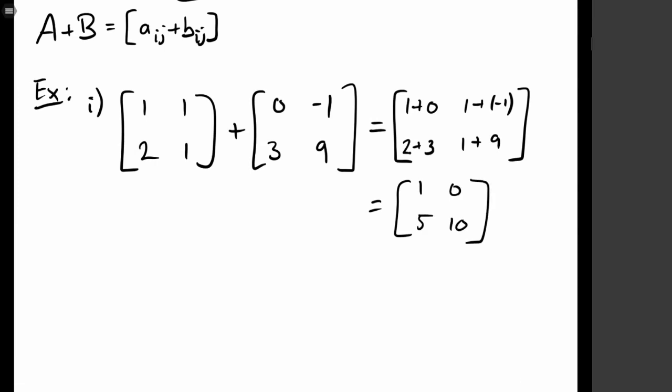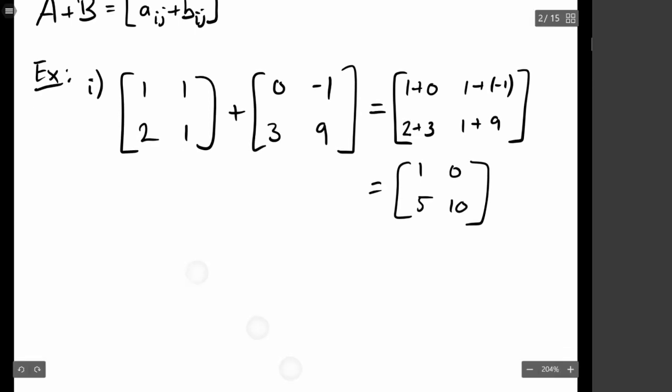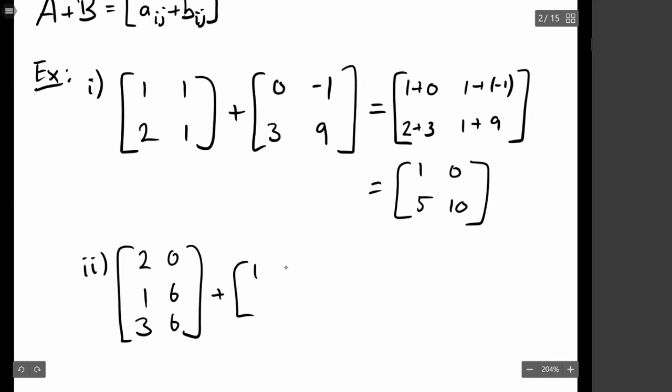On the other hand, let's look at something like, I don't know, 2, 1, 3, 0, 6, 6, plus 1, 1, 2, negative 1, negative 1, 3.